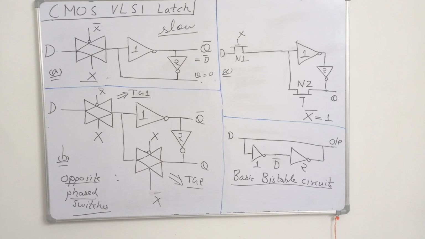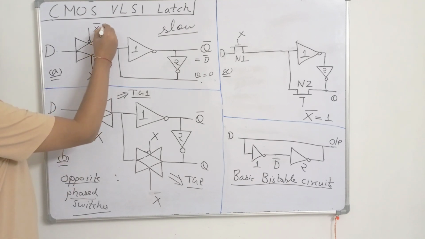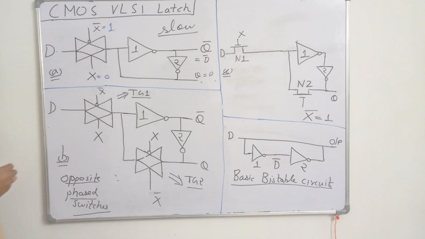When X is equal to 0, obviously X bar will be equal to 1. Then the transmission gate will act as an open switch, because the NMOS will be off and the PMOS will also be off.